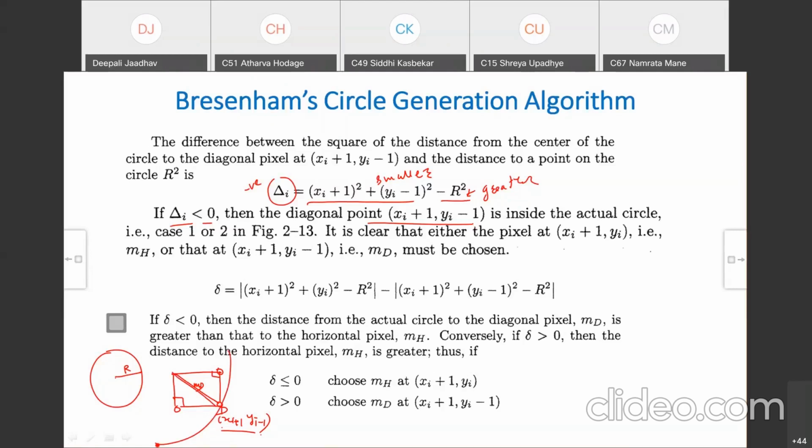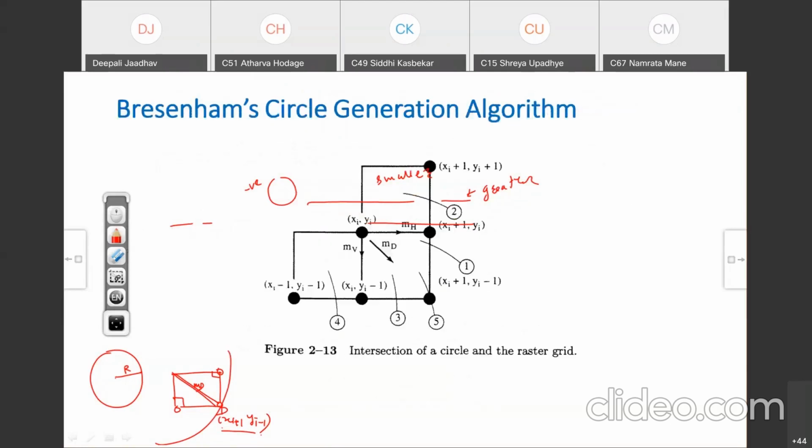That is case number 1 or 2. Inside the actual circle.